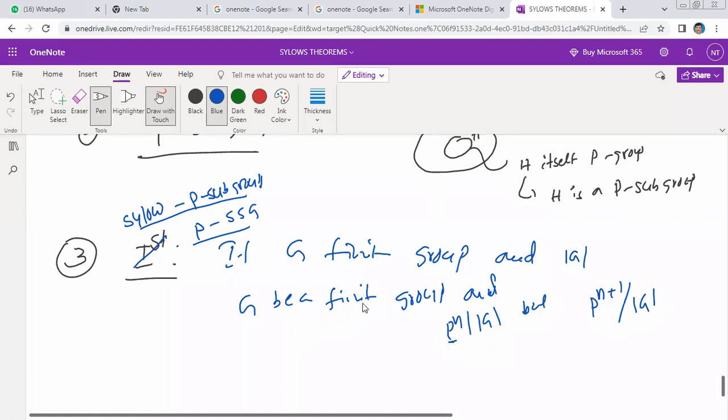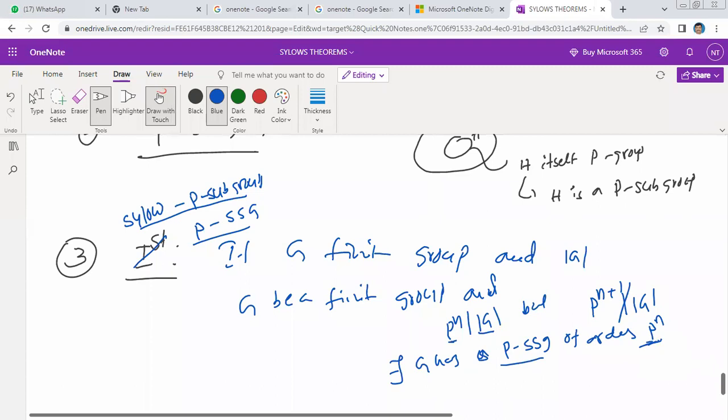Then G has a P-Sylow subgroup of order P to the power n.